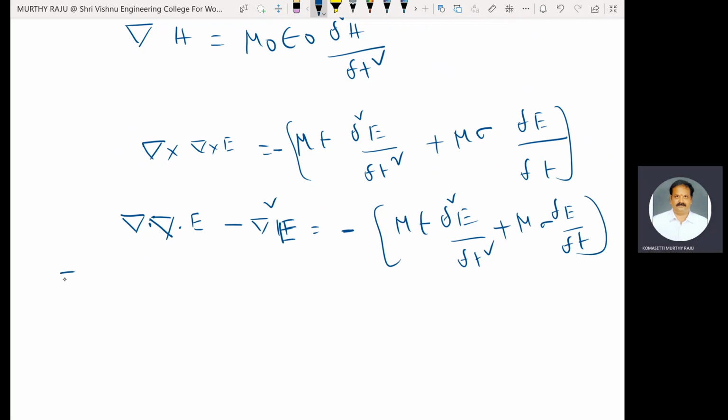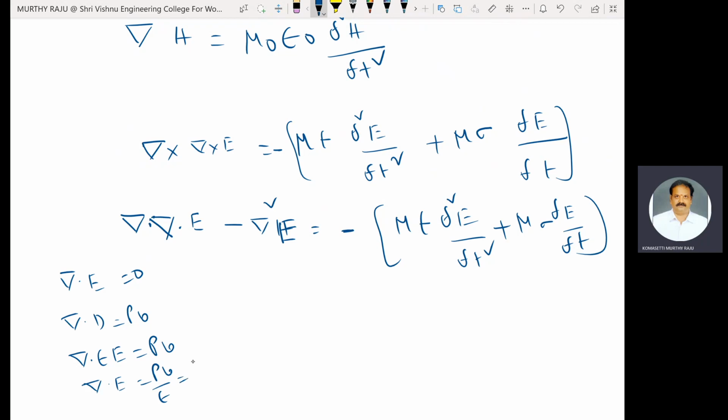The del dot E value is 0 because del dot D is equal to rho v. From this expression, epsilon del dot E is equal to rho v. Therefore, del dot E is equal to rho v by epsilon.